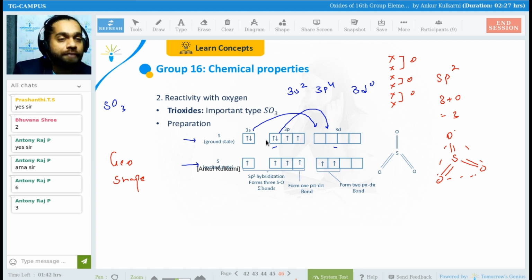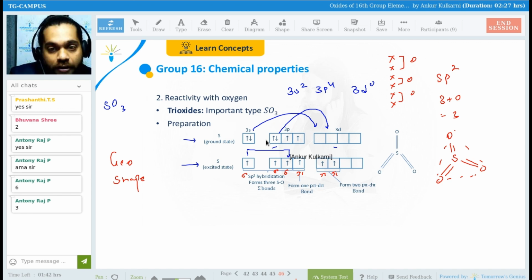For each of the 3 oxygens, 1 sigma, 1 pi. So 1 sigma over here, 1 sigma over here, 1 sigma over here. Next we have pi, pi, pi. As I told you, for the VBT we only consider the sigma bonds. So sigma till over here. So what do we have? sp2 hybridized according to VBT.